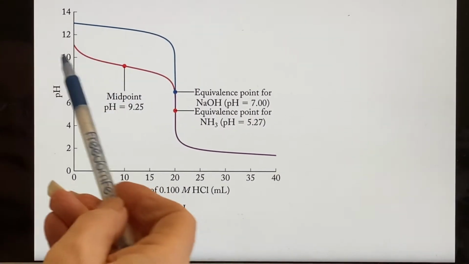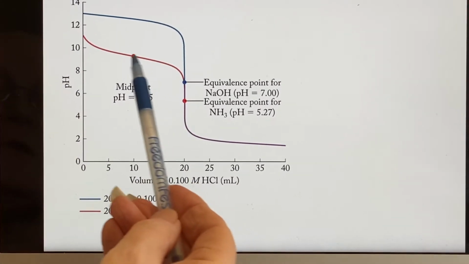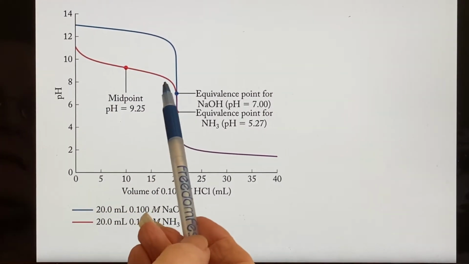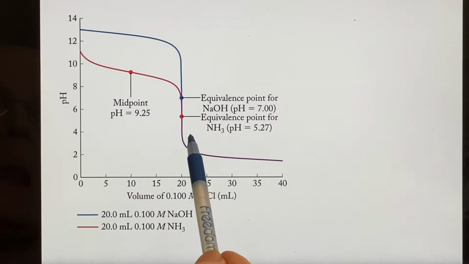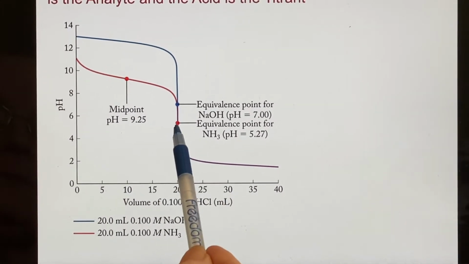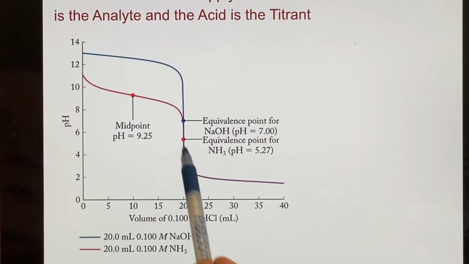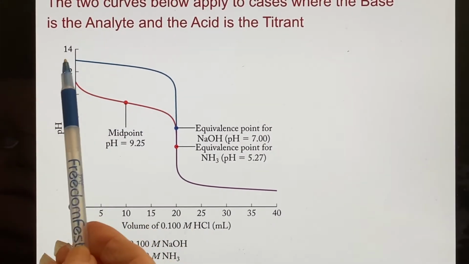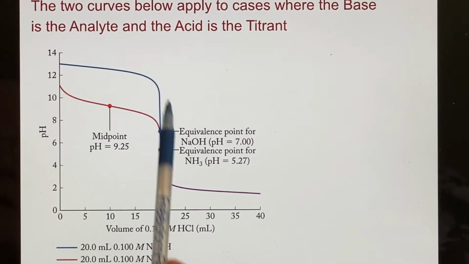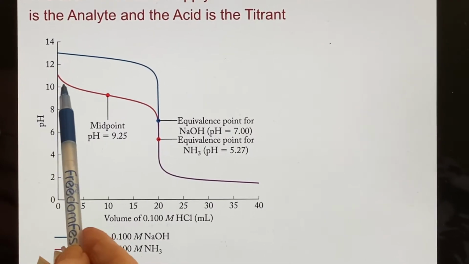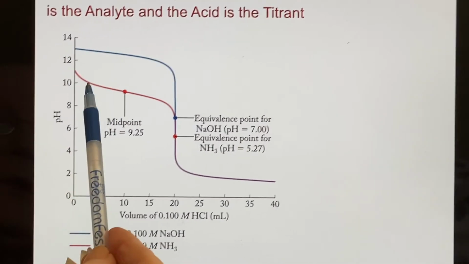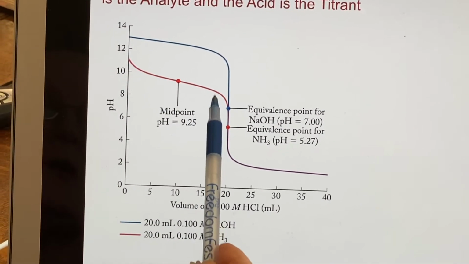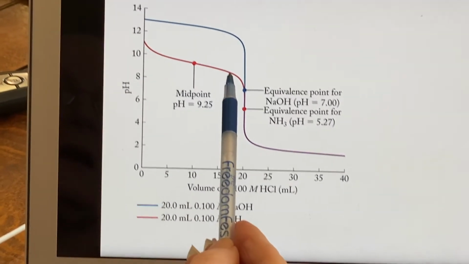In the case of the weak base, the equivalence point is going to end up being lower in pH, because it still has to be halfway between these two. You'll see that this is very flat all the way until it just falls off. We have this little curve here before we get into an area where we could use Henderson-Hasselbalch very nicely.